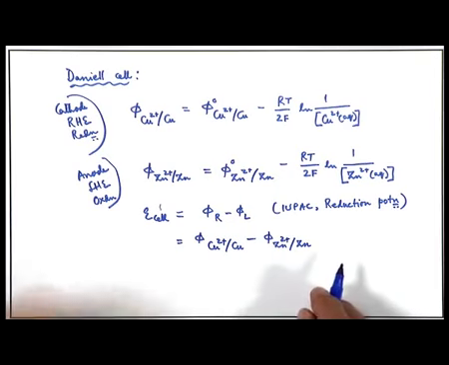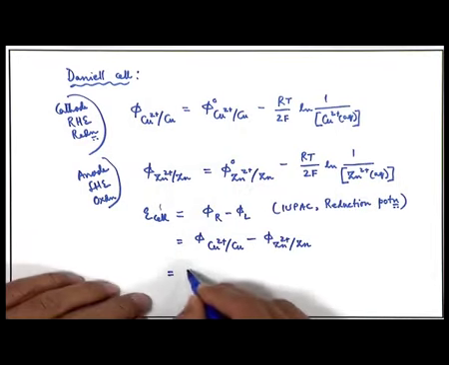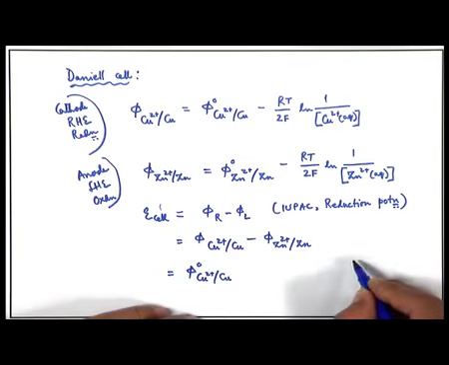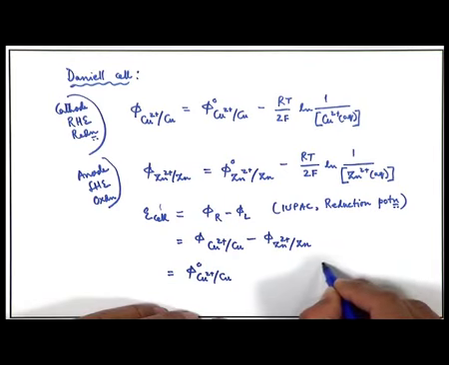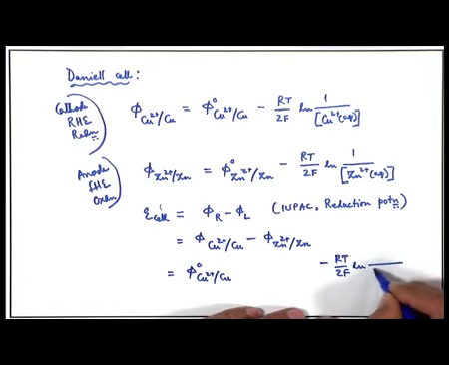You just plug in this information, so you write this one first. That means phi naught Cu2+|Cu minus RT by 2F ln, this, Cu2+ aqueous.